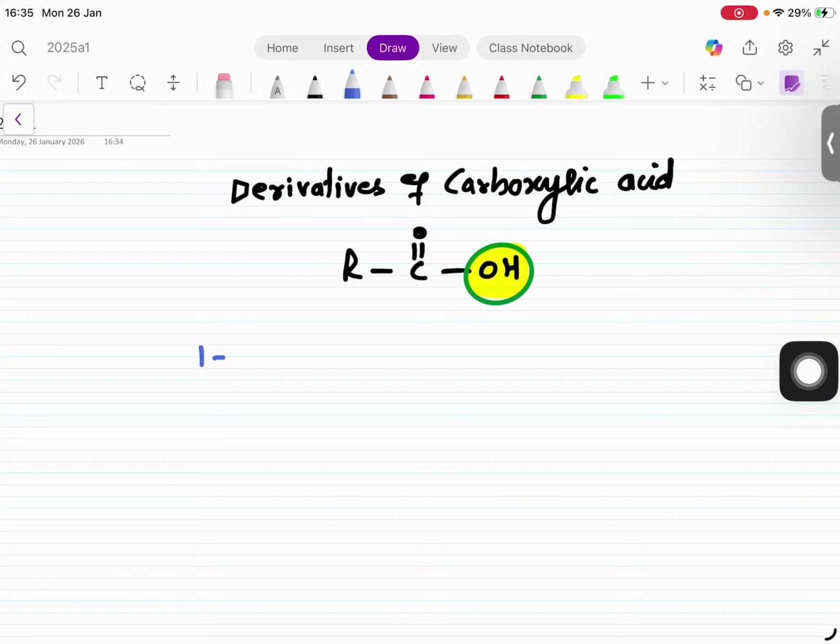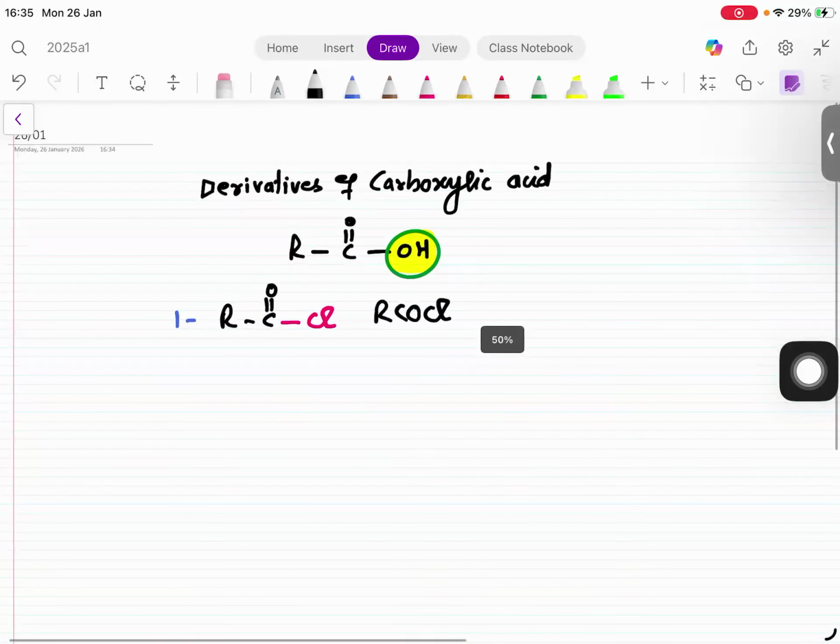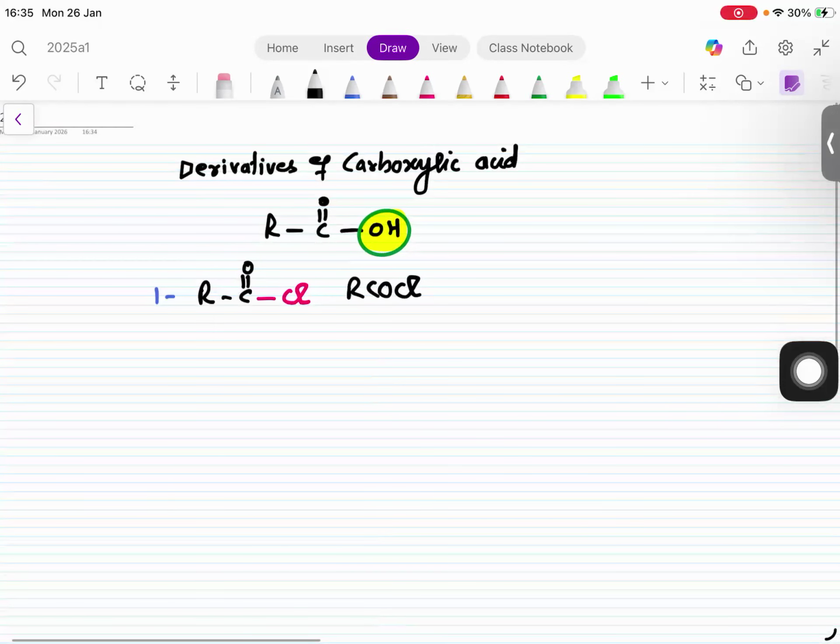For example, in the first case, if I replace this with Cl, it becomes RCOCl. That is another separate functional group, but we categorize it as a derivative of carboxylic acid. They are known as acyl chlorides. In a while, we are going to discuss them in detail.